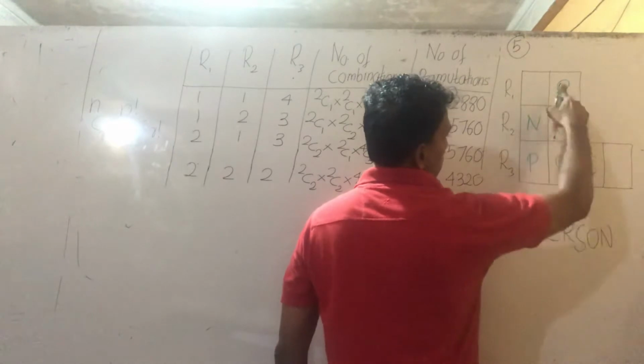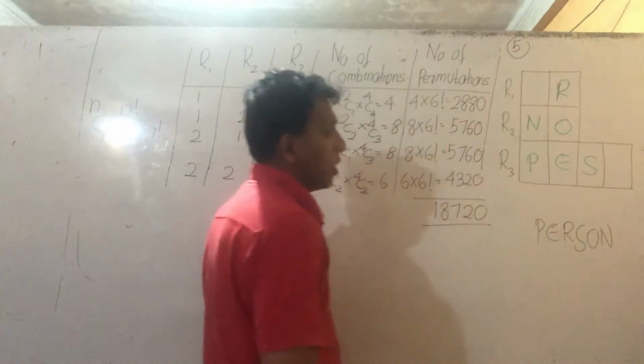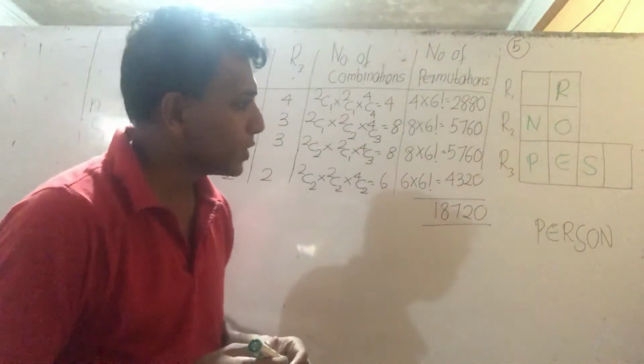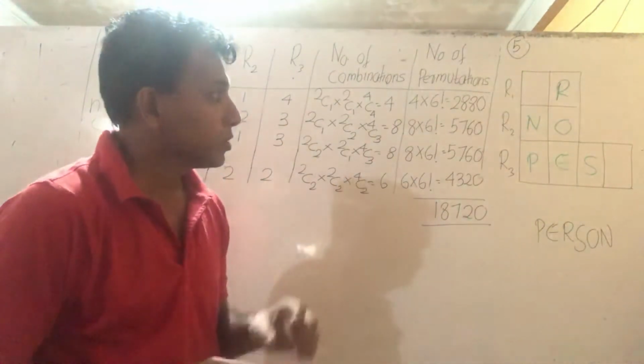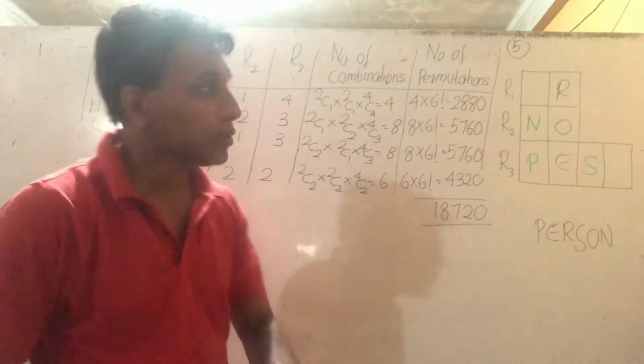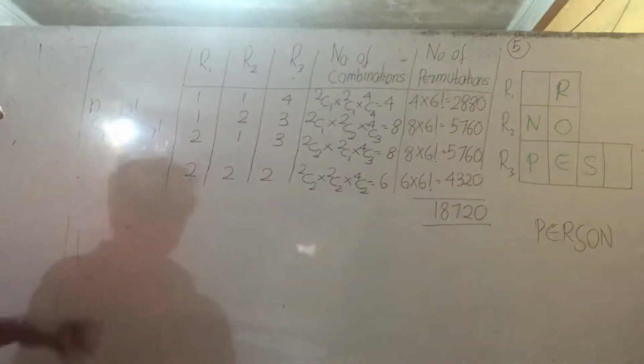P, E, R, S, O, N, every one of these is one of the patterns. So how many total types are available? Don't leave a row empty. That's the condition, right? So see how you complete this.